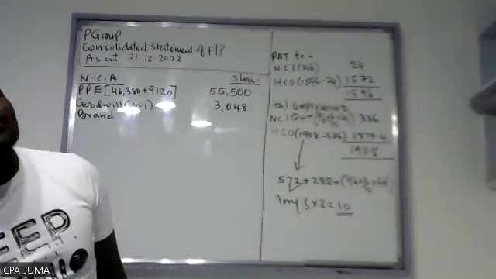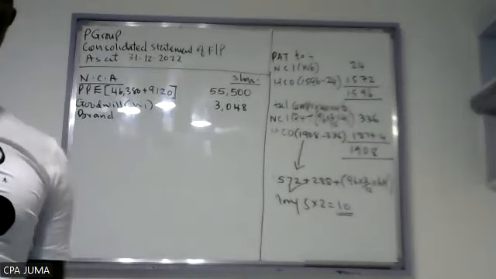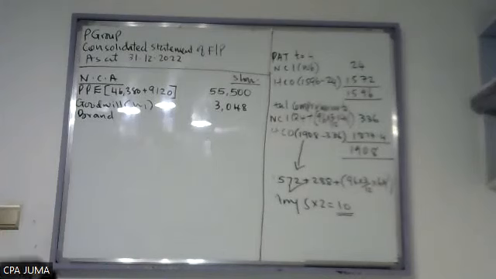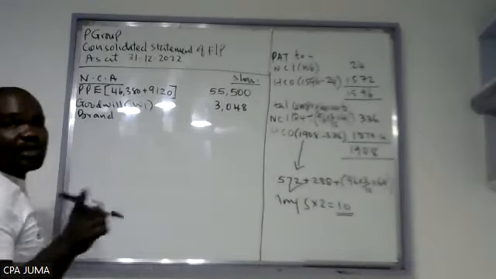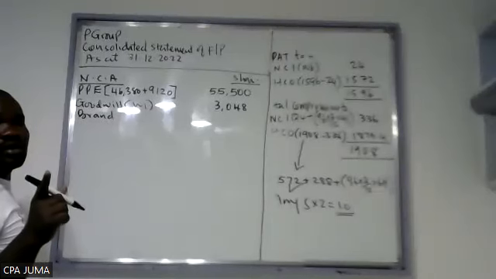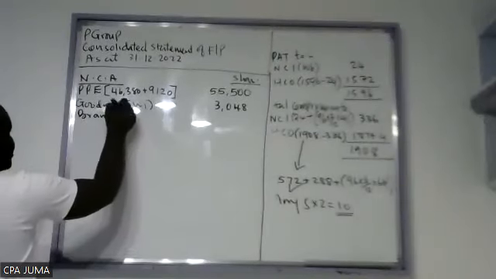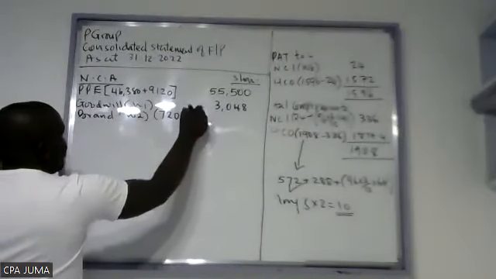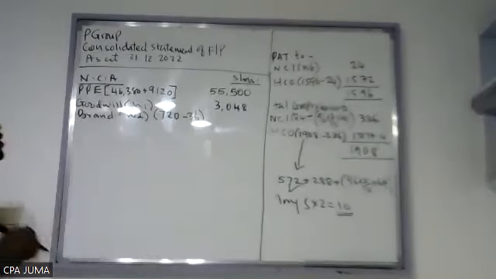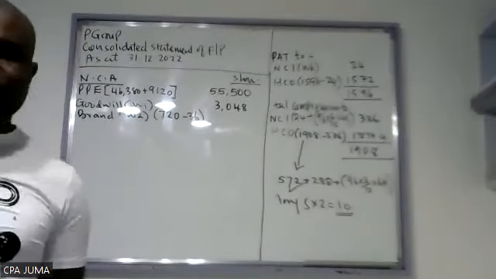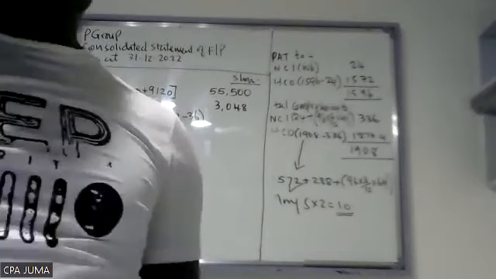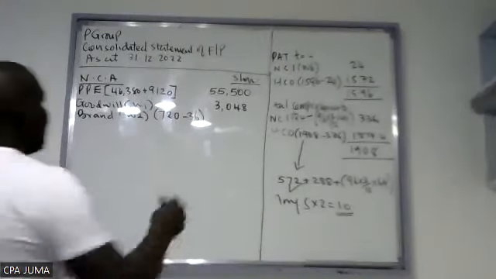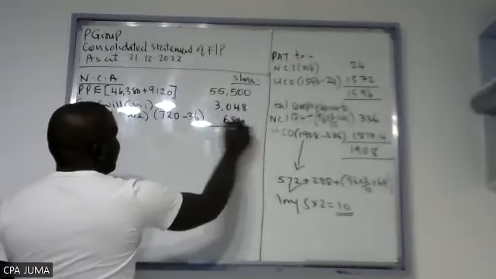Brand was working 2, 720, but there was amortization of 36. So subtract 36. 720 minus 36 is 684. Add.